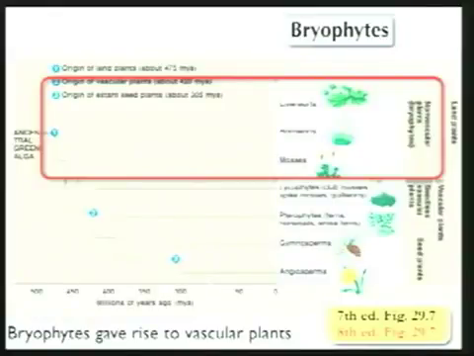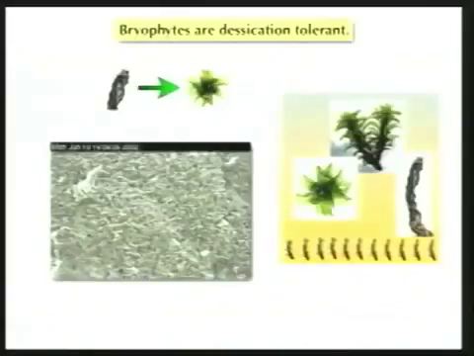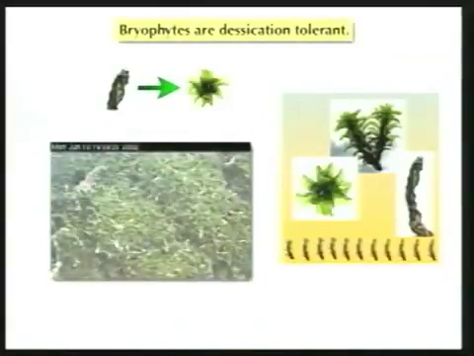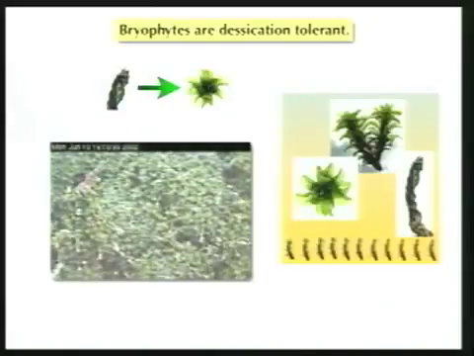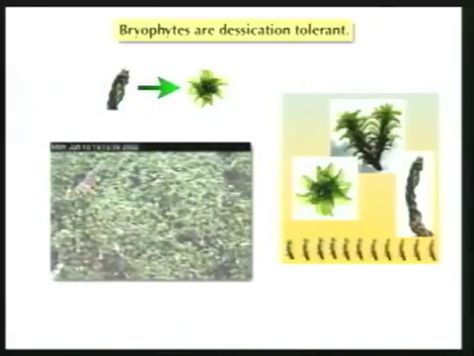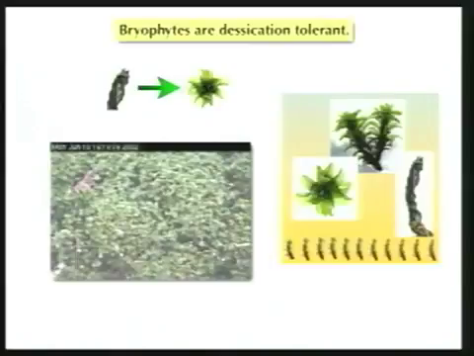But one of the coolest things about the bryophytes, and something that's only become really appreciated in the last few years, well, it's been known for a long time, but it's been studied more intensively, is that even their main body, the main plant body, the gametophyte in this case, we'll get to the life cycle in a moment, is desiccation tolerant.